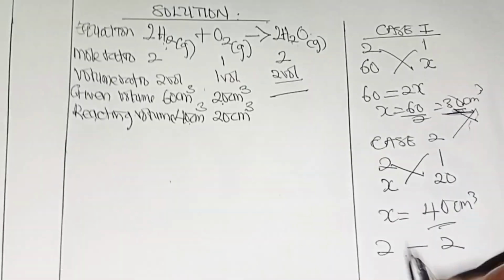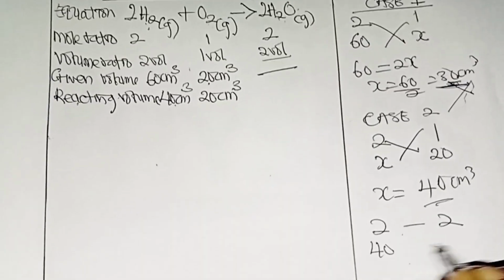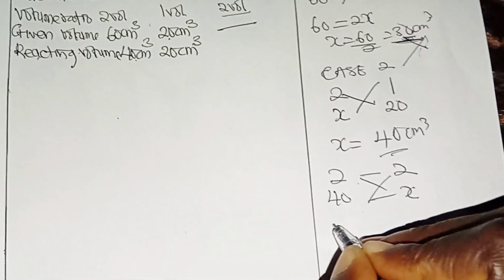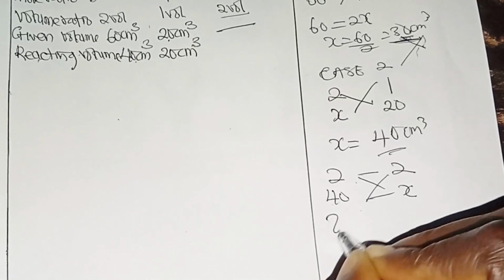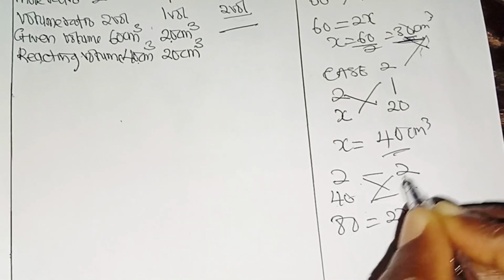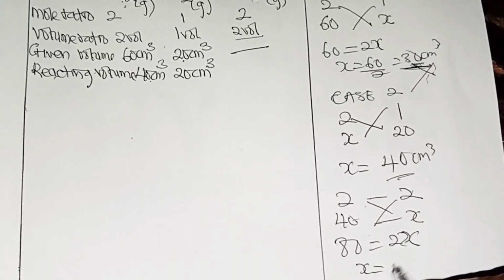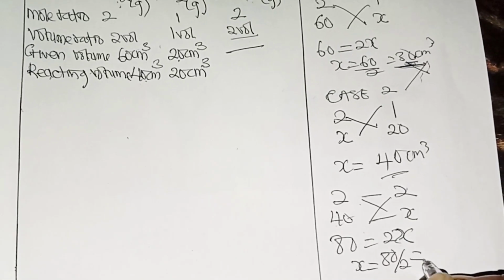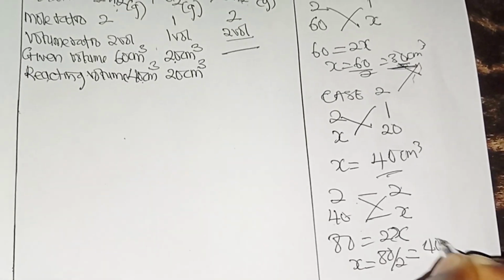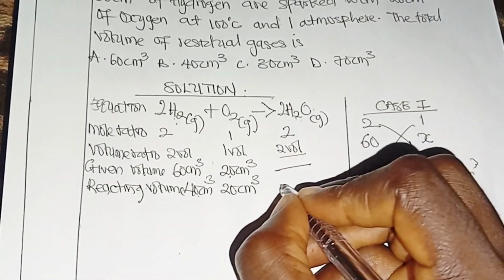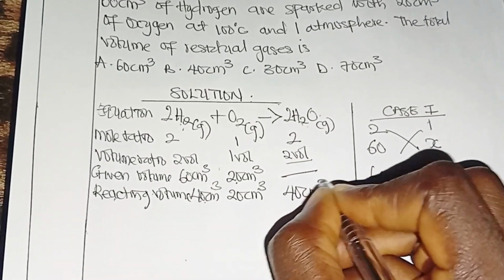What will 40 cm cube of hydrogen give us? x. When I cross multiply, 80 will be equal to 2x. That's 40 times 2 will give me 80, will be equal to 2x. When I make x subject of formula, I'll have 80 divided by 2 to give me 40 cm cube. So it simply means that the volume of the product is 40 cm cube.